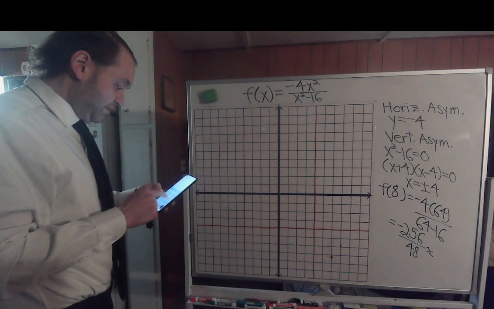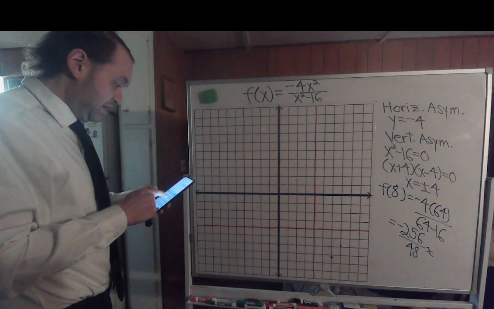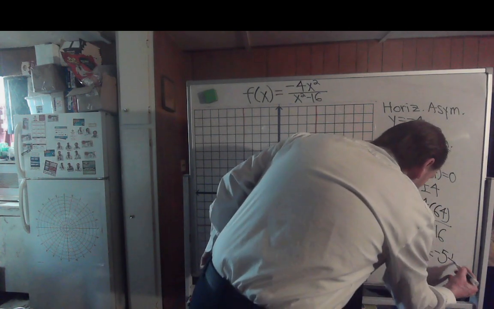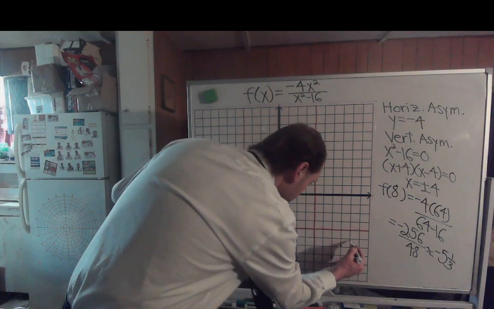So negative 256 divided by 48 gives me about negative 5 1/3, which is going to put me a little further north.